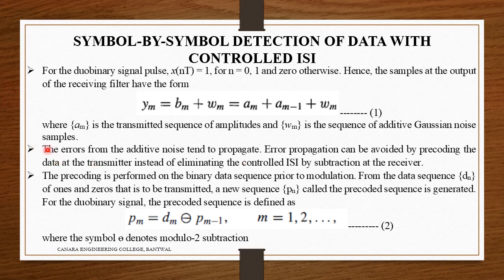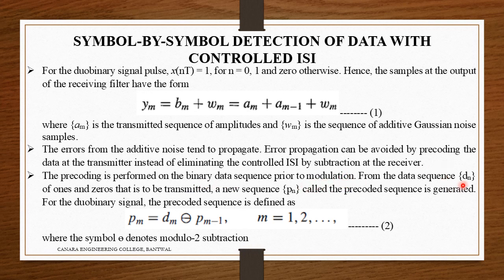We can see this pre-coding of the sequence when we solve it in a problem, and you can understand it better there. At the transmitter, instead of eliminating the controlled ISI by subtracting at the receiver, we pre-code the data. How is this performed? The pre-coding is performed on the binary data sequence prior to modulation.